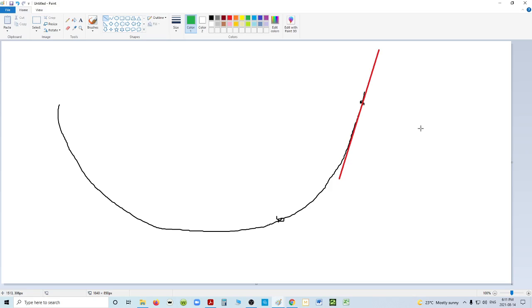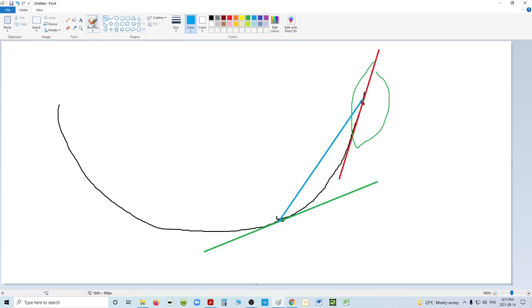When we take the average rate of change, we're essentially taking the rate of change of this red line and we're averaging it with the rate of change at this green line. And we're coming up with this new average rate of change, which is the blue line.